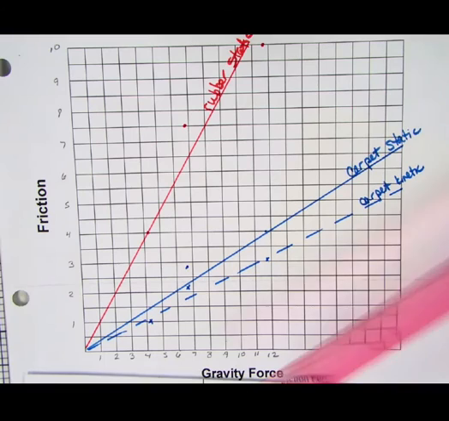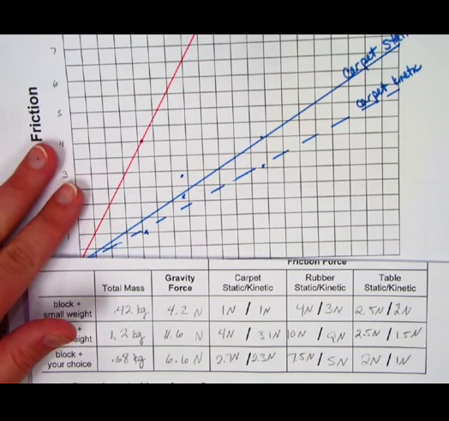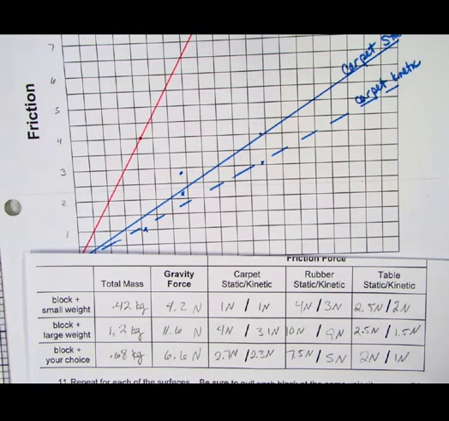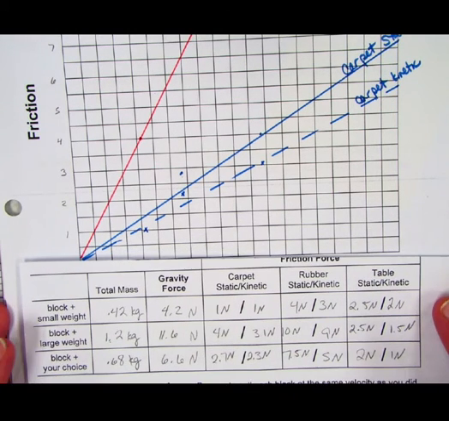Now I'm going to go through and do my rubber kinetic friction for you. For my rubber kinetic, I'm going to use X's instead of dots so I can keep things straight.